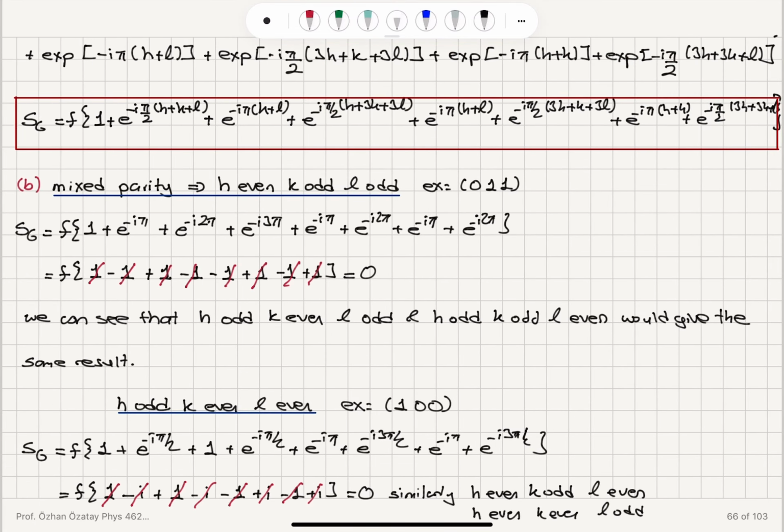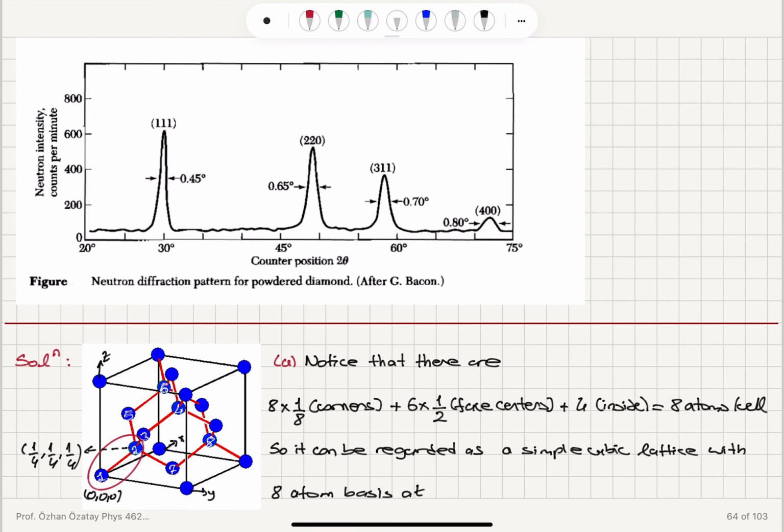Okay, so let's summarize what we did here. We interpreted the diamond structure. Instead of having an underlying FCC lattice with a two atom basis at 0, 0, 0 and 1/4, 1/4, 1/4, we go back to the interpretation of the diamond structure as a simple cubic lattice with an 8 atom basis that are located at 0, 0, 0, 0, 1/2, 1/2, and so on.